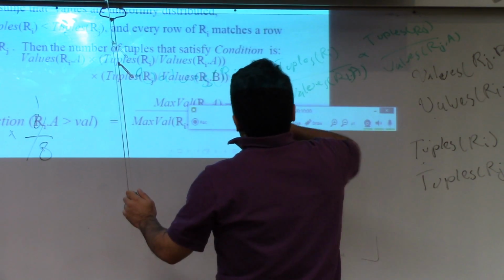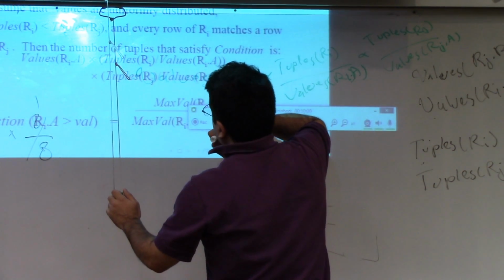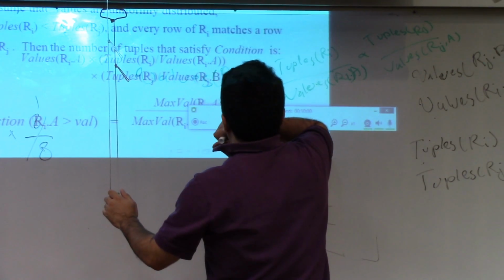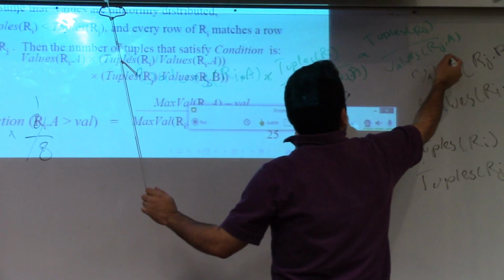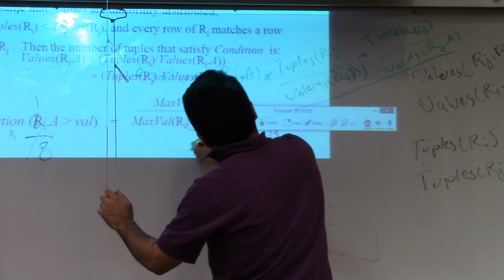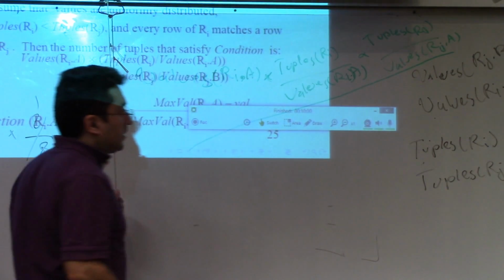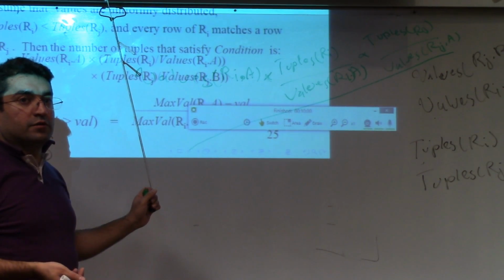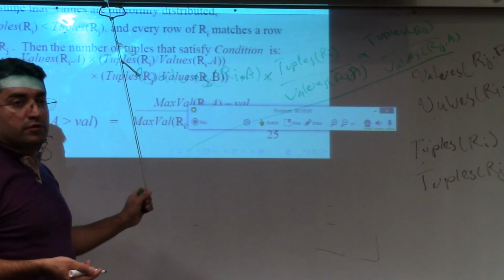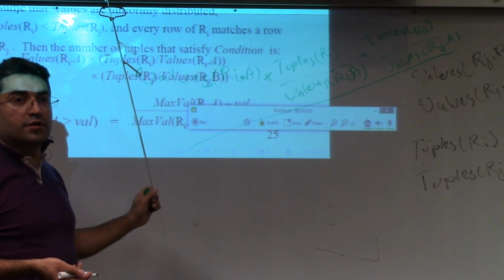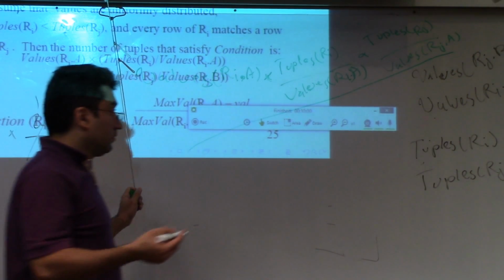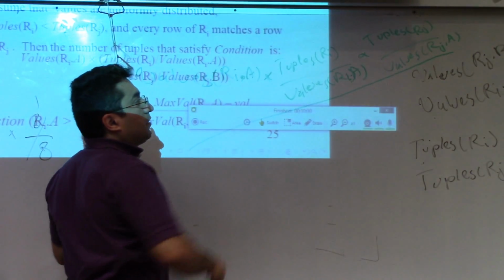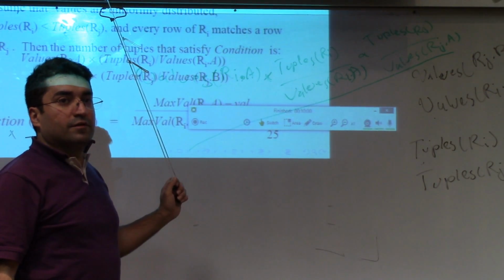So what is the total number of the records, possible records? If we have this Cartesian product, what is the total number of the records possible? Tuples of Ri multiplied by tuples of Rj, right? 8 into 6.